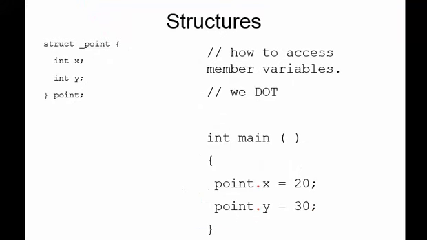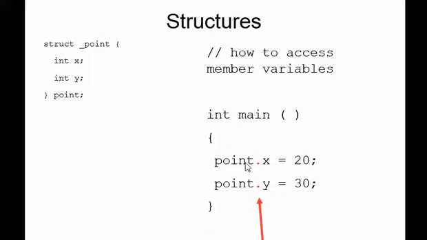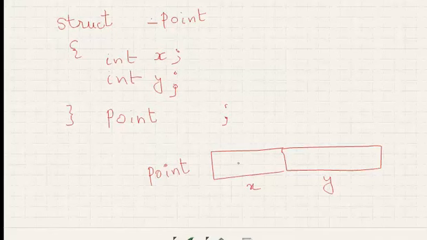And when you declare variables like that, how do you assign x and y values? If you want to assign some values to this, say 10 and 20, you simply say point dot x and point dot y, just like you have done in Java class, right?